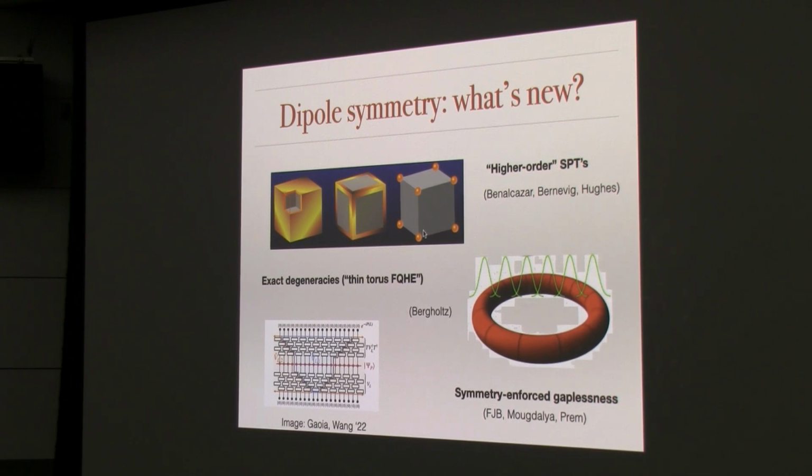Now, you might ask, what does that interplay with geometry get you? And I think there are several hints that it can get you quite a bit of stuff that's maybe quite different.